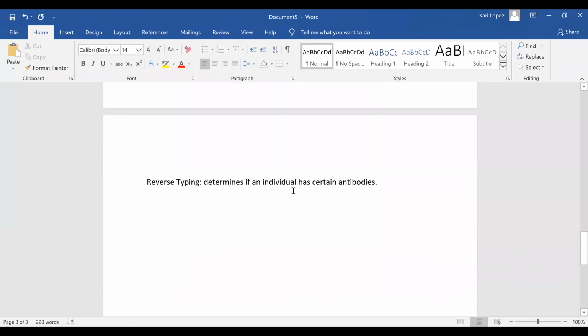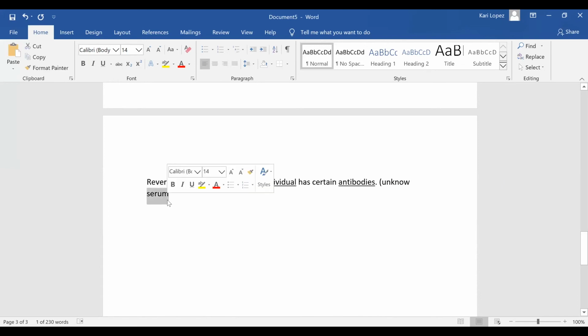And so this is going to equate to an individual and has certain antibodies. So it's going to be your patient or donor is your individual, and your antibodies is going to be your serum. And so your patient or donor is going to relate to unknown, and your serum is antibodies.